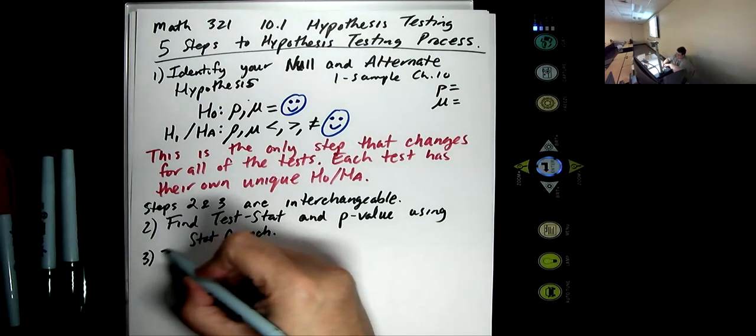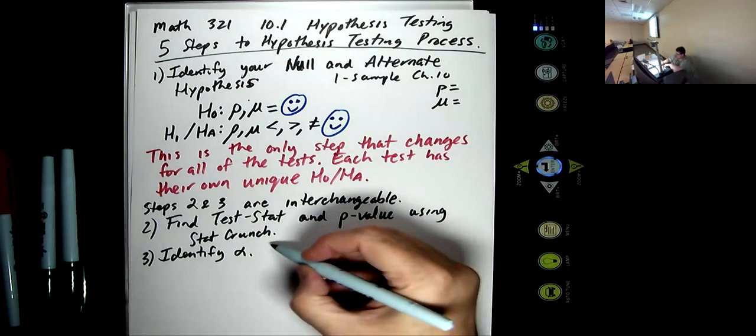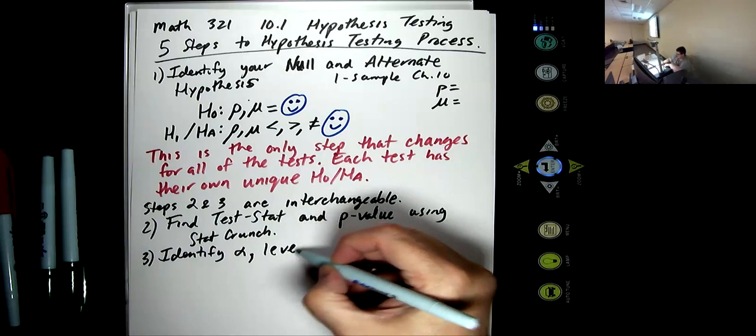The other is identify alpha, which is our level of significance.